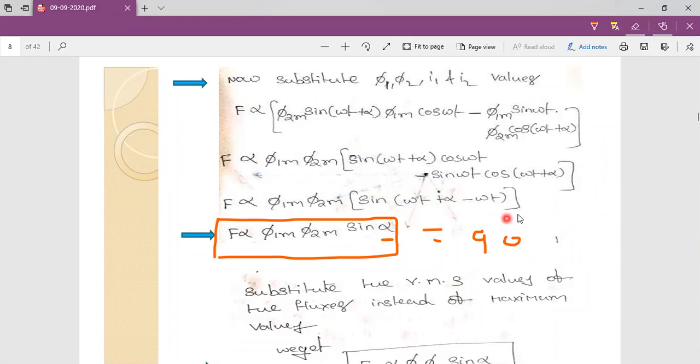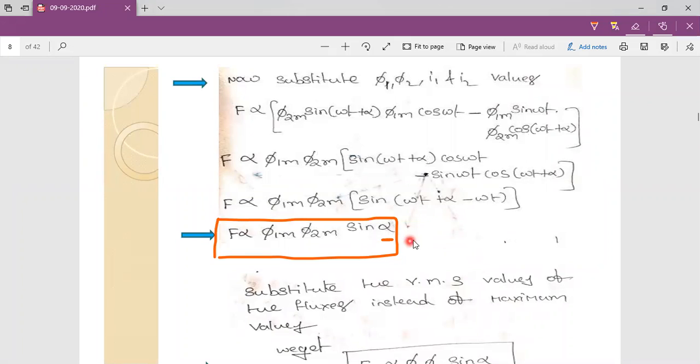If alpha is equal to 0, the net force on the disk is equal to 0. That means if we are not providing any phase angle between the two fluxes, ultimately the torque on the disk becomes 0. So to get torque, we need to provide a phase angle. Otherwise, no torque on the disk.